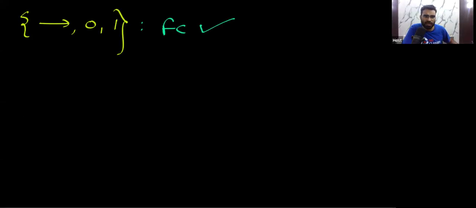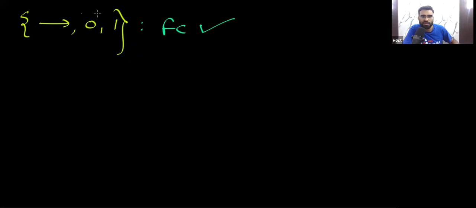Now you can easily see. What about this? Implication, 0, 1. You can check, this is functionally complete. Why is this functionally complete? Let's apply the Post theorem. Can I say all are zero preserving?